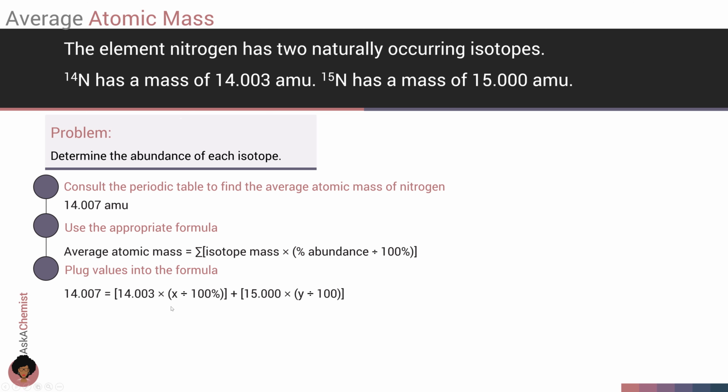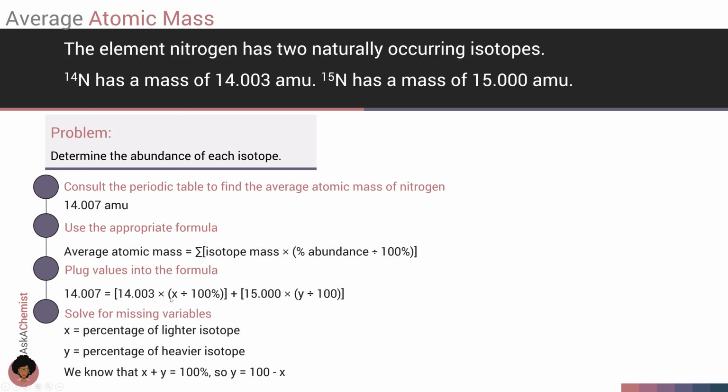And once we do that, we have to set the percent abundances as variables. So we're going to set the percent abundance for N14, which is the lighter isotope, as X. And we'll set the percent abundance for the heavier isotope, N15, as Y. So we know that the percent abundances have to be equal to 100%.